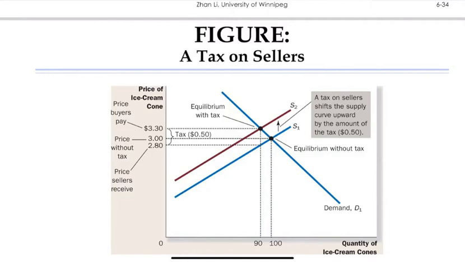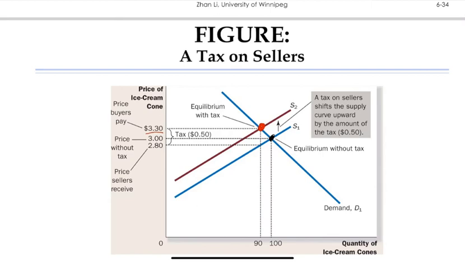Now you can see that we would have two equilibrium points. The prior equilibrium price was $3. And after this policy, we have a different equilibrium point. Because of the tax, buyers will pay $3.3 to the sellers. On the surface, sellers will receive $3.3.